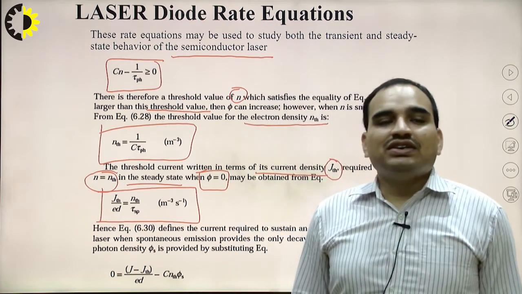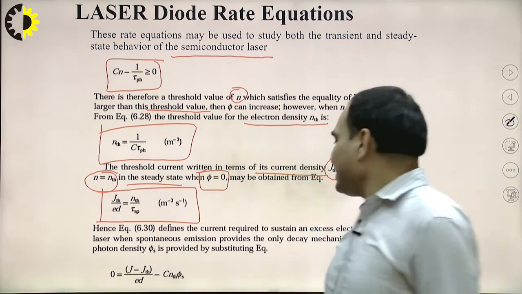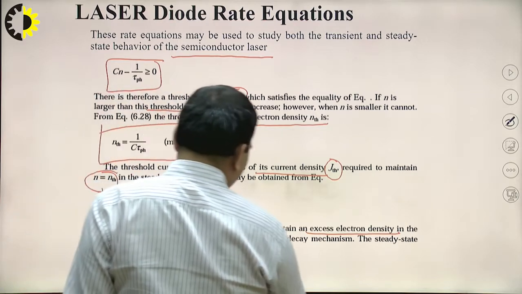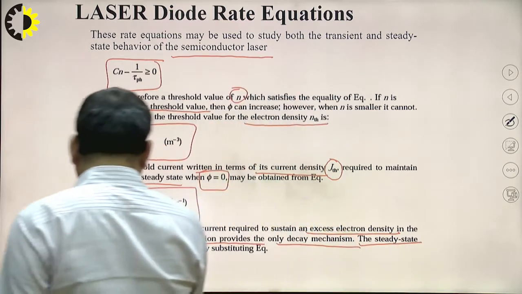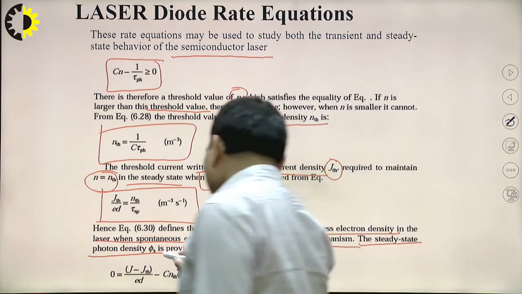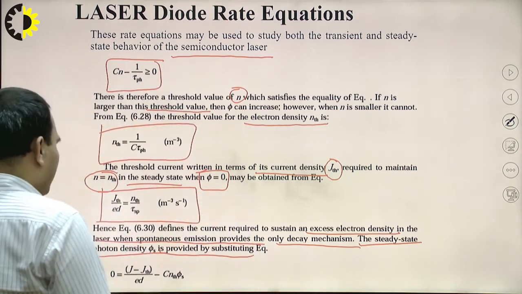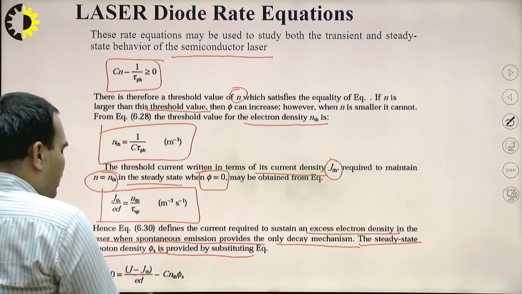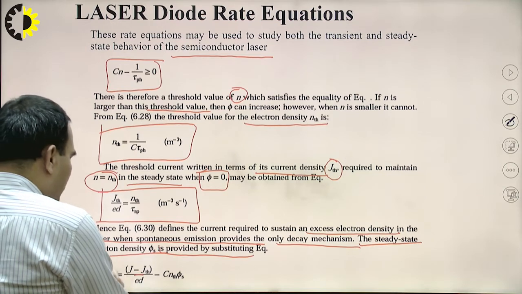Hence, this equation defines the current required to sustain an excess electron density in the laser when spontaneous emission provides the only decay mechanism. The steady state photon density, phi s, is obtained by substituting into the equation, which gives J minus Jth by Ed minus C Nth phi s equals 0.